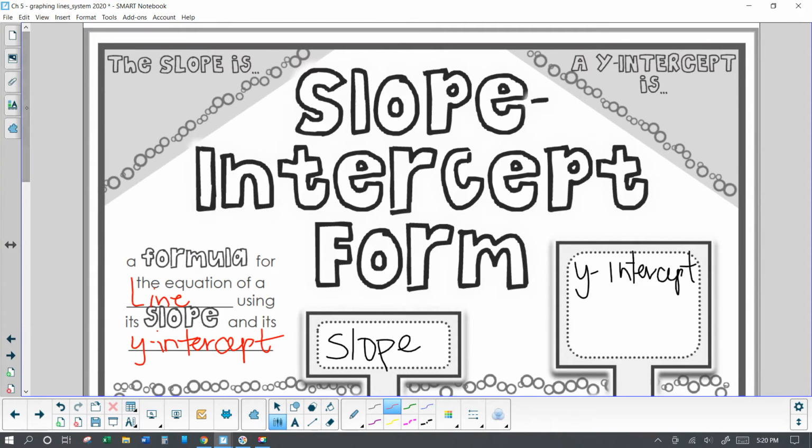Now let's talk a little bit about what the slope is. Remember, the slope is a ratio of the rise to the run, and that rise and run is going to tell us where to move to. Remember, it means move.